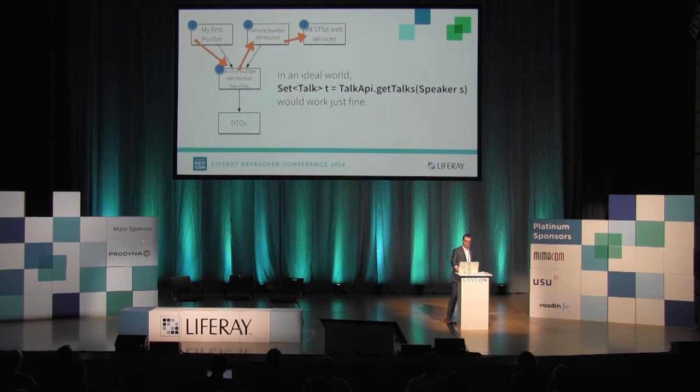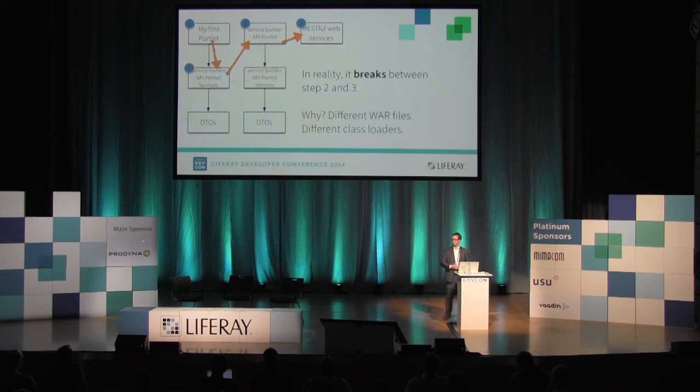But in reality, we have more or less different WAR files. So I've got my first portlet that has the portlet services in its class path as well as the DTOs. And I've got my implementation that's part of a different WAR file. And between two and three, it's going to break because my DTOs are from a different class loader.